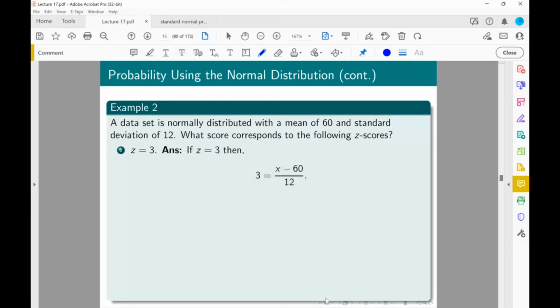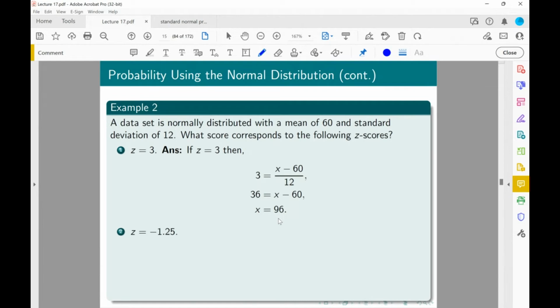So if we have a z-score of 3, then we'd expect 3 to be x minus 60 on 12. So this is going to be 3 standard deviations away, which means we're 36 units, or whatever the data is measured in, higher than 60, so x is 96. So you can think of just solving backwards.